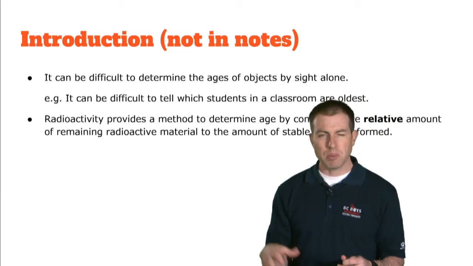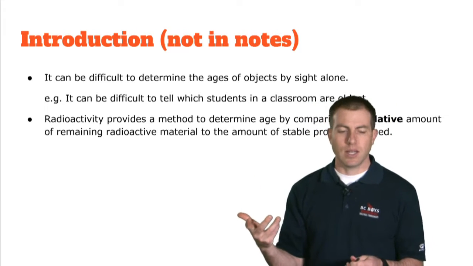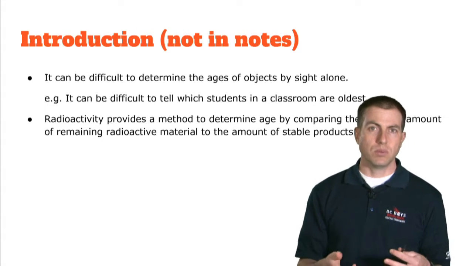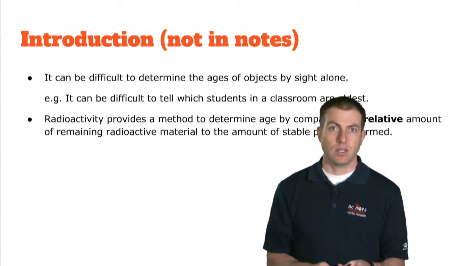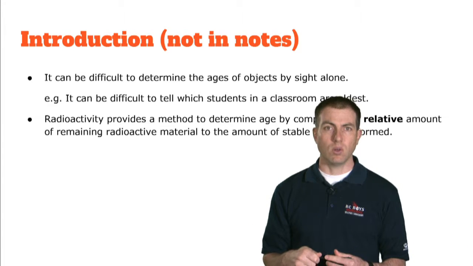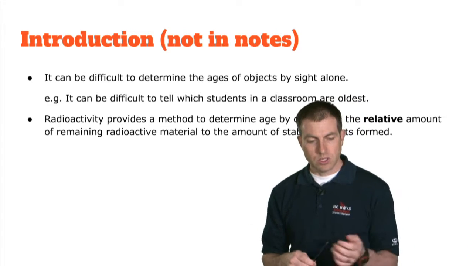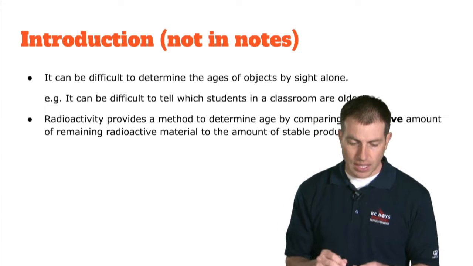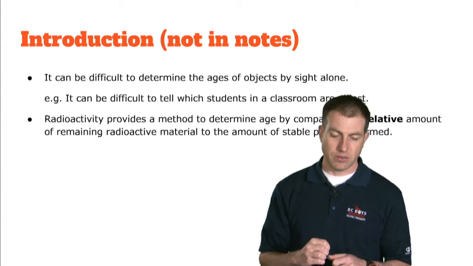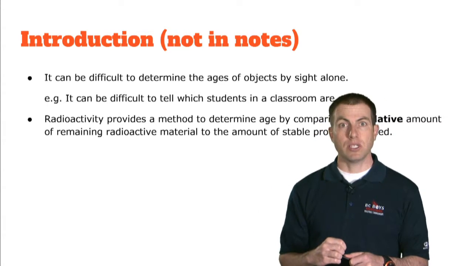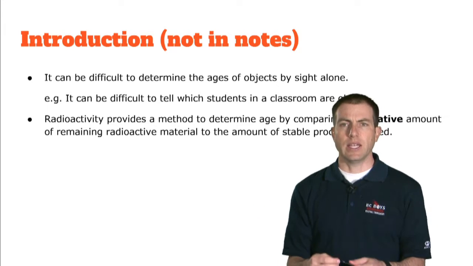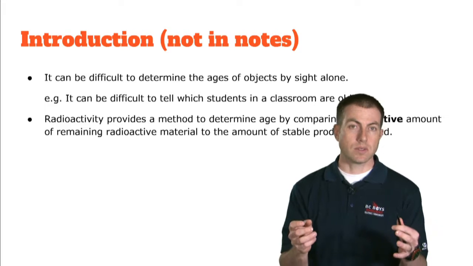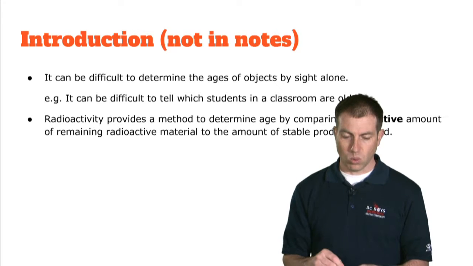But when we start talking about really old things, it's difficult to put dates on things. If I just had a rock here, and I said, how old is this rock? Well, how are you going to figure out how old a rock is? So what we can do is use the ideas of half-life to look at how much stuff we expect to be there and see how much stuff is actually there, and then we can compare the amounts and determine how old something is.